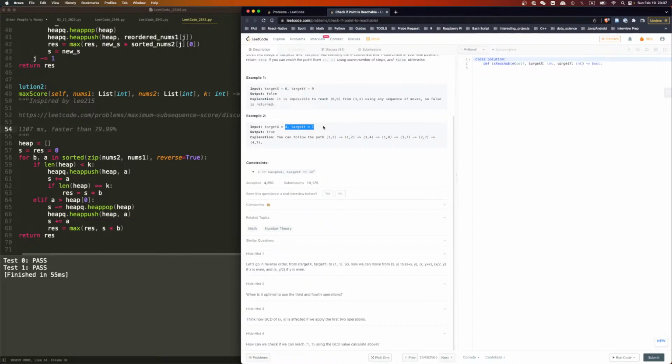If we add them together, that's 2m plus n plus 1, and that's divisible by 2. Then we'll have either 2m plus 1 or 2n plus 1. We can go either one, which doesn't really matter.